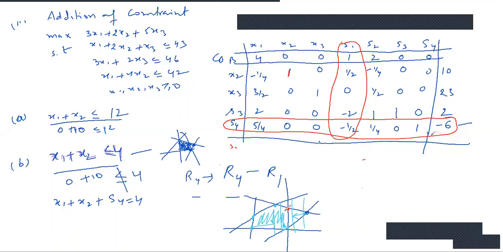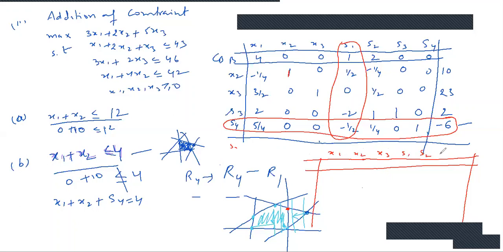So the new optimal solution will become, let us write this here. I will have x1, x2, x3, s1, s2, s3, s4. The basic variables are x2, so this is not required, right? This is also not required.